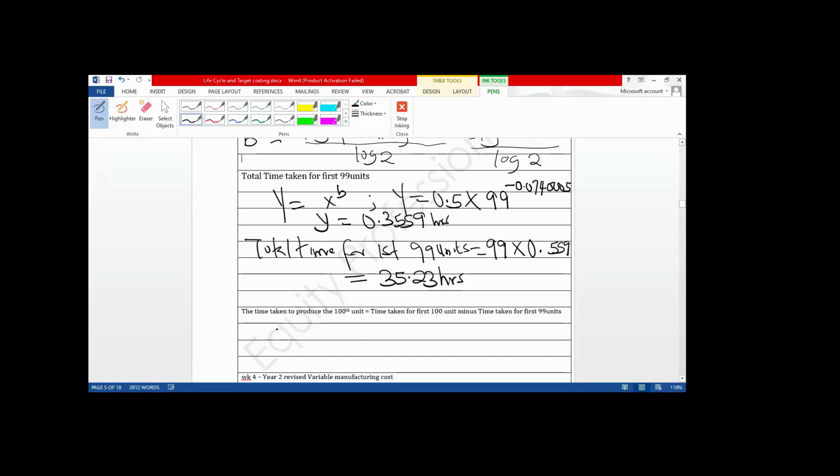That is 35.6 hours minus 35.23 hours. That will give me the time taken to produce the last unit that will complete 100.